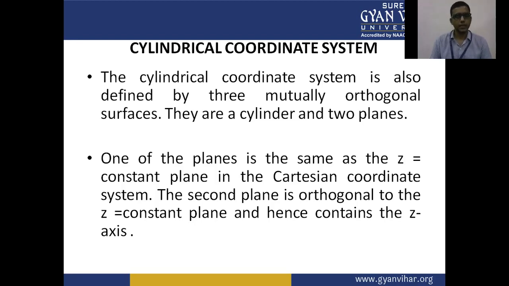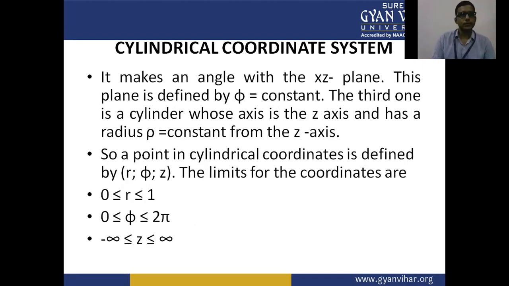The second plane is orthogonal to the z constant plane and hence contains the z axis. That is, the equation of this plane is z equal to 0. It makes an angle with the xz direction. This plane is defined by phi constant.